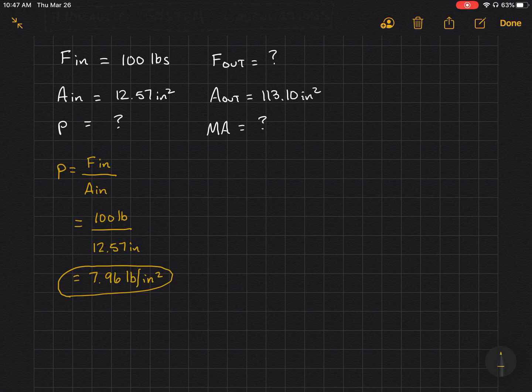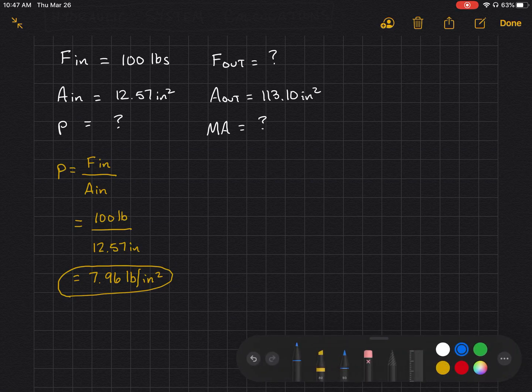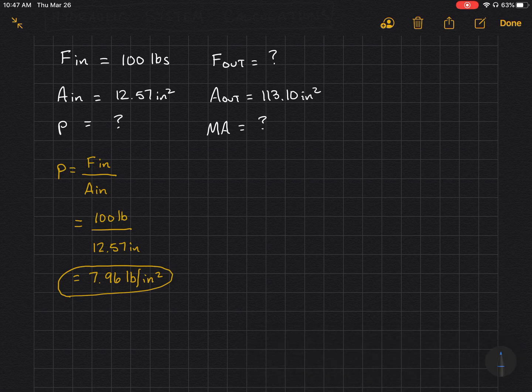The next thing that we're going to be calculating for is the output force. To do that, we'll use the same formula. We're going to use the pressure, which is equal to, in this case, the output force divided by the area of the output cylinder. We know the pressure, so we'll substitute that in because we just calculated it. The pressure is equal to 7.96 pounds per square inch.